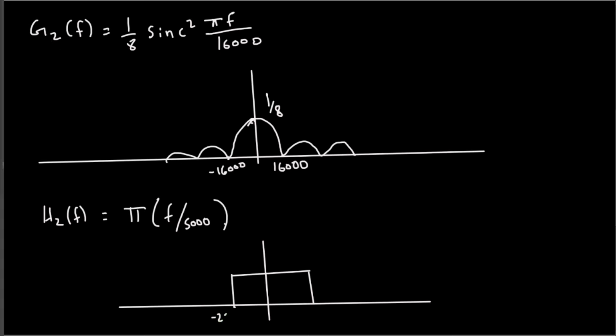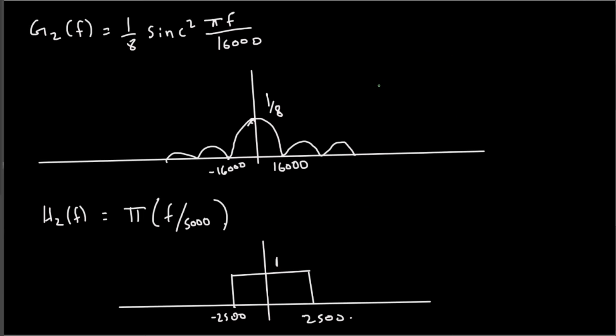Negative 2500, 2500. So if you send this one through this, and also this one has a height of 1, so what happens is whatever the value below this 1 is going to remain. So here 1/8, that's going to remain. And then 2500 is going to cut everything after 2500. So we are going to end up having a shape that is similar to this.